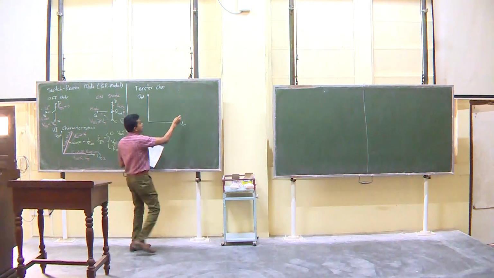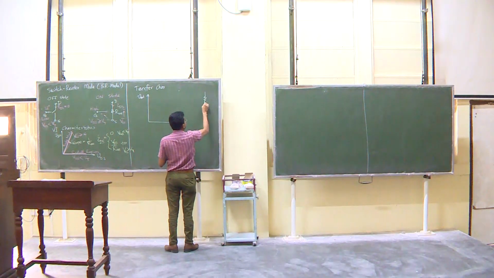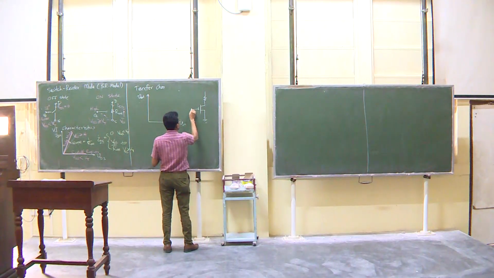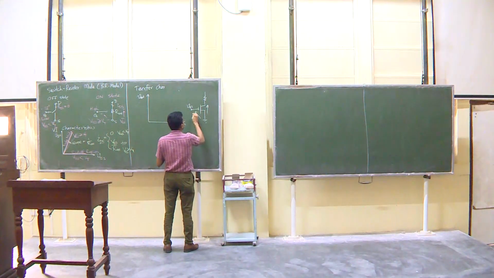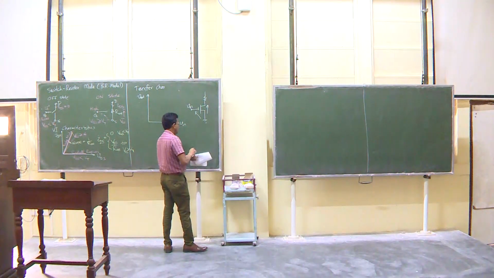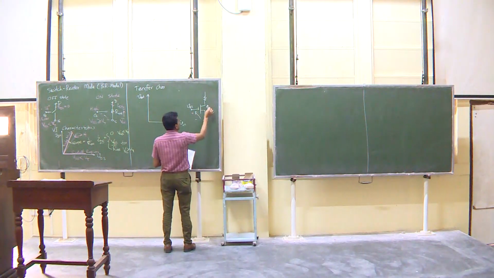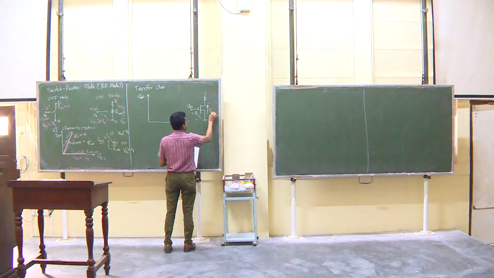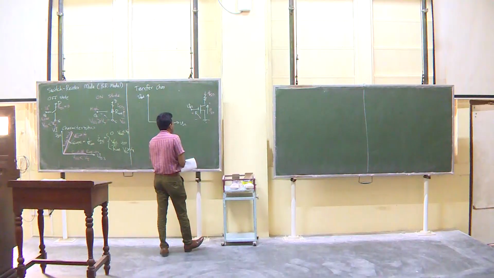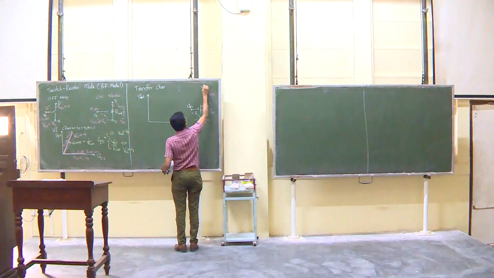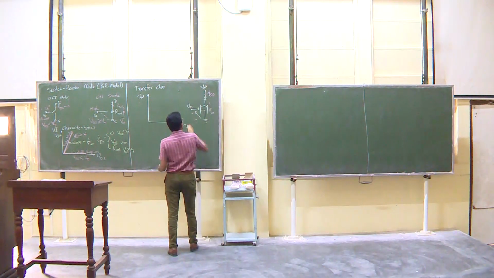For this transistor, what we have is something like this: VGS, IDS, VDD over here.